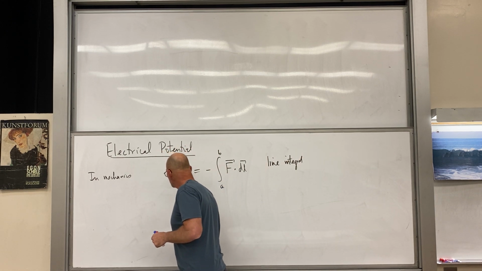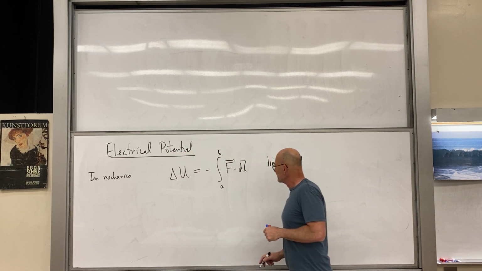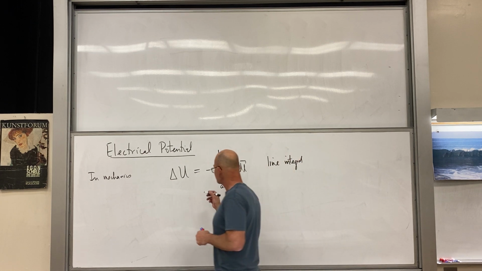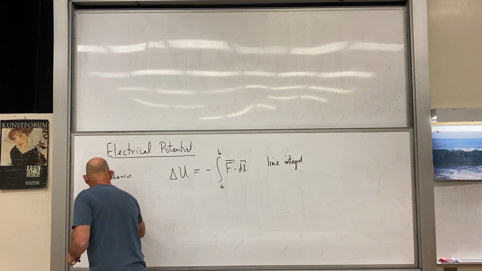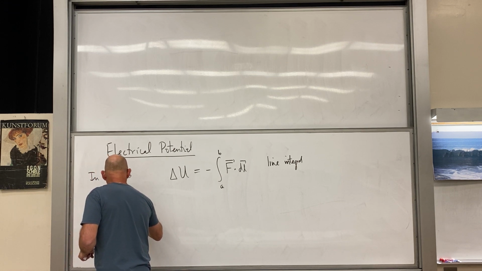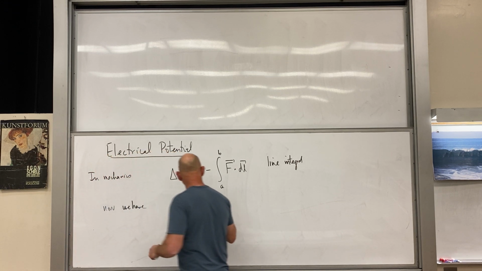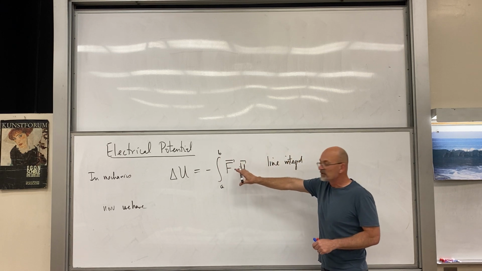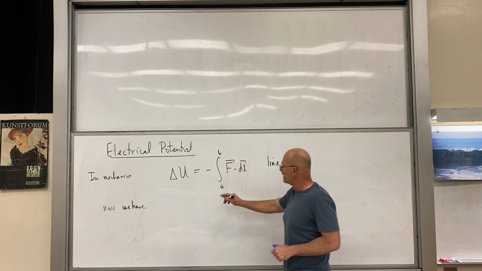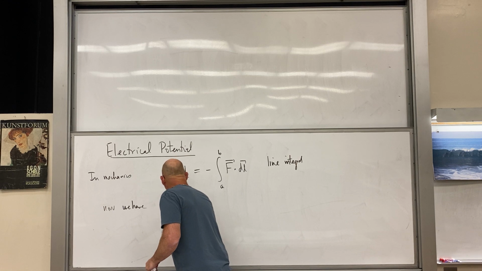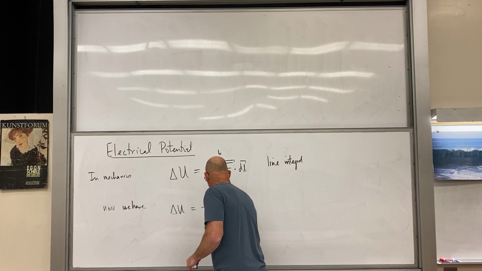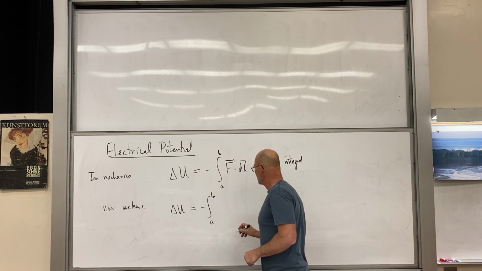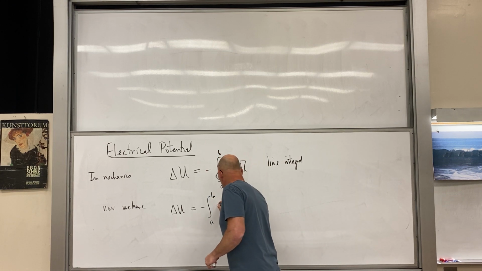So potential energy in this form. Now we have the same thing. We have a force law. We'll do the same thing: delta U is minus the integral from A to B. But what is our force?